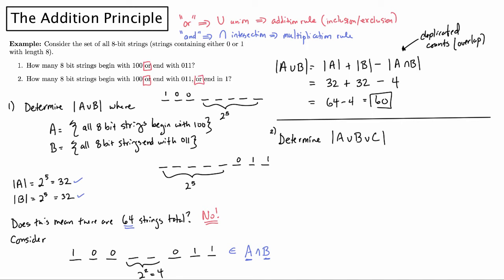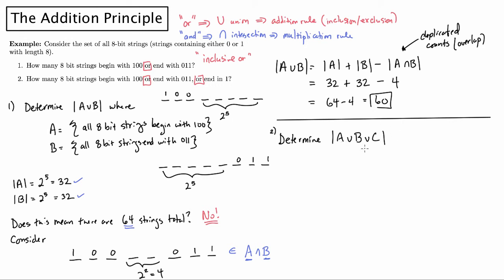Now, these are always assumed to be inclusive or, unless I say otherwise, meaning I want 100 or 011 or ending in 1 or all or 2 of or whatever. It's inclusive or, not exclusive or. So you've got to be careful about that. Make sure you know the context of the problem that you're working on.